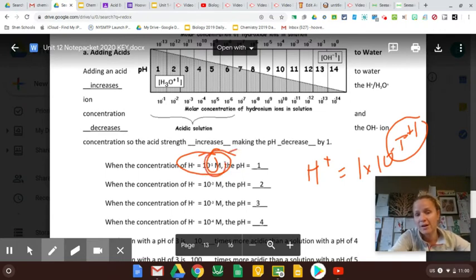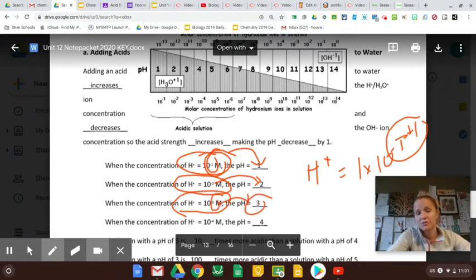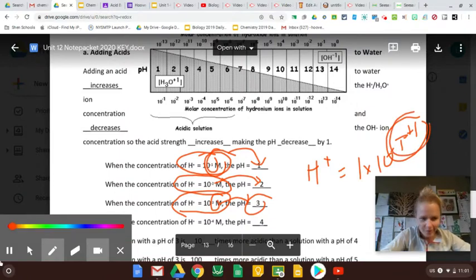So take the negative off, that's your pH. If your H plus concentration is this, your pH is that little exponent number. Your pH is 3. So just knowing that if you ever see it written that way, the little exponent, that's your pH, right? Because that's the formula. So that's one thing you could see in college.